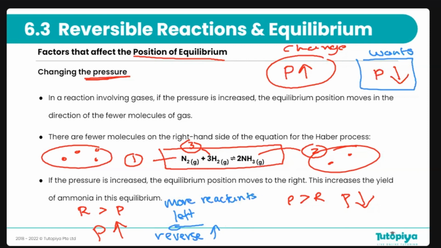If the equilibrium shifts to the right, then the rate of the forward reaction increases, which means more products are formed.